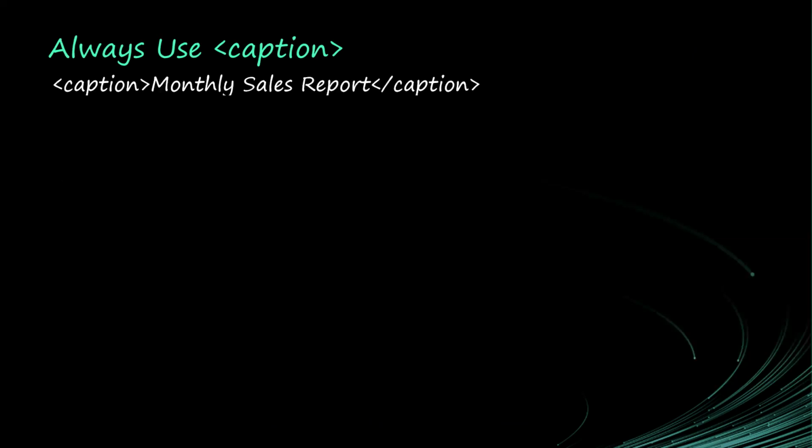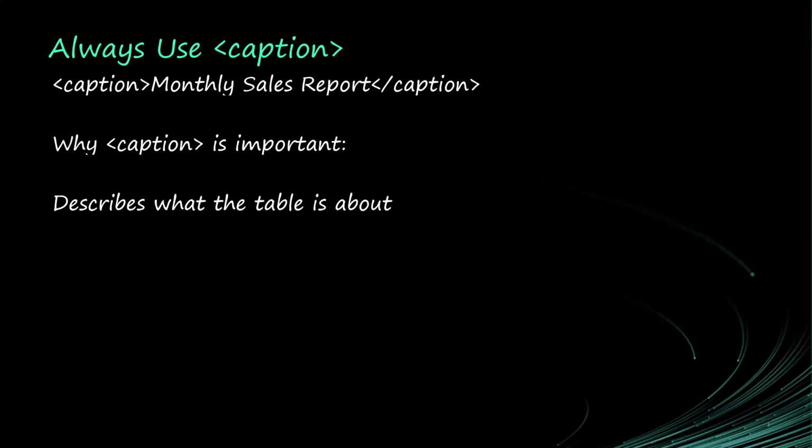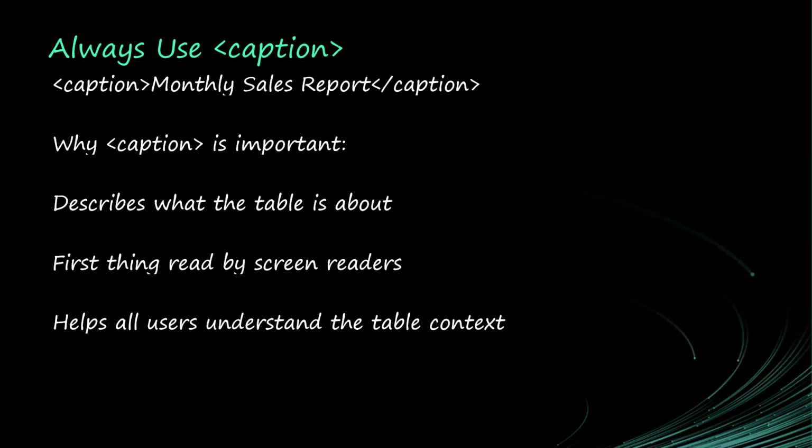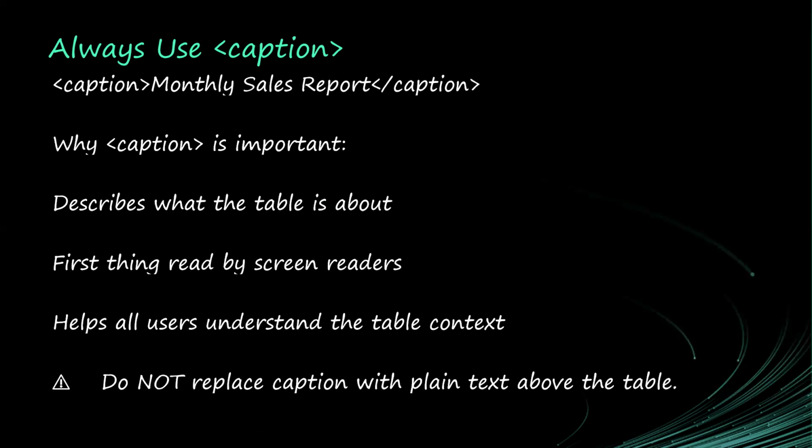So always use your caption. Always use caption in your table. Okay, why is caption important? It describes what the table is all about. First thing that is read by the screen readers is your caption. The first thing screen readers read about your table is the caption. It helps all users to understand the table context. So with the caption, everybody would understand the table context, what the table is all about.